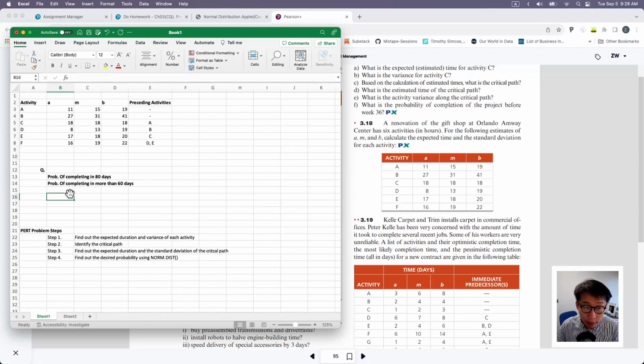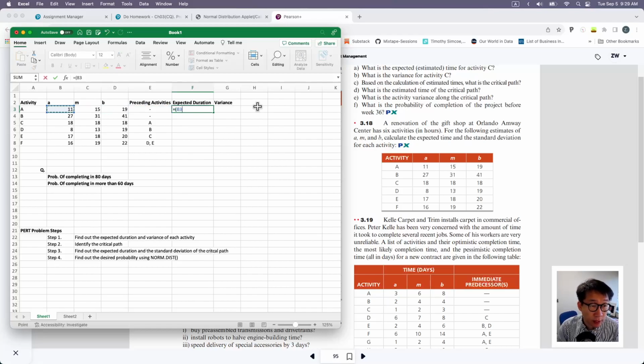So how do I get there? I'm going to help you take those steps one at a time. First, you need to find the expected duration as well as the variance for each activity. As you may recall, the expected duration is the weighted average: optimistic plus 4 times your most likely plus your pessimistic estimate, divided by 6.